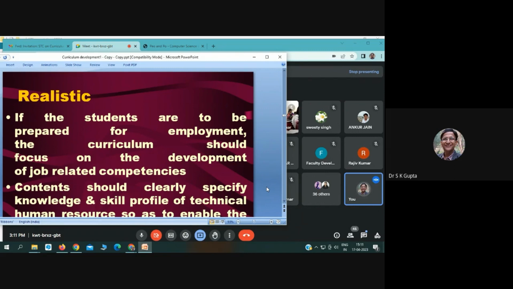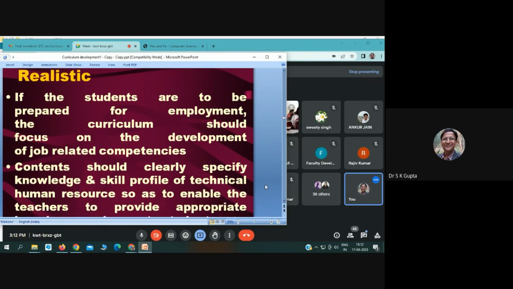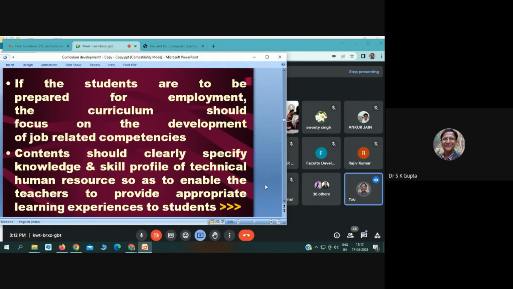It does not mean that we should not update our curriculum. Our curriculum should be updated as per the requirements of the industry, but at the same time, we have to see that the curriculum is feasible to implement, that we will be procuring all the resources for implementing that program. Because generally it is said that a diploma program is a diluted version of a degree program.